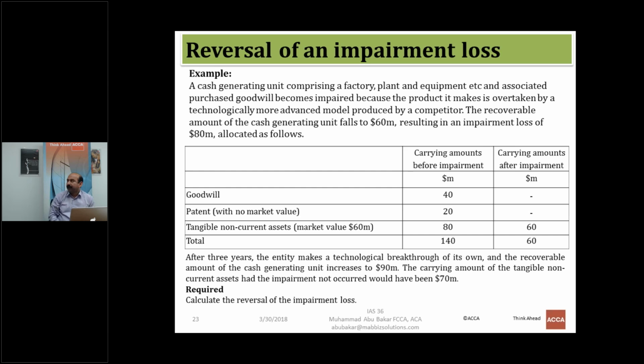So they are required to calculate the reversal of the impairment. Simple, yes, very simple. Okay. So we are giving you 2 minutes to calculate, but 2 minutes are more, but anyway, take 2 minutes to calculate the amount to be reversed.